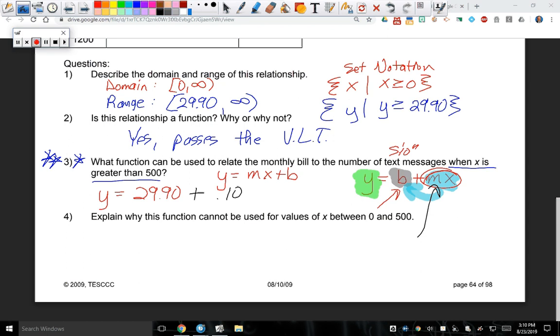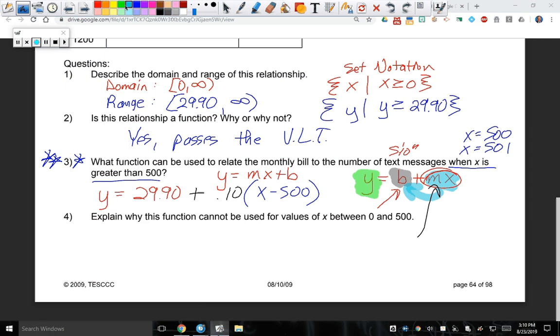So 10 cents for the jump, but now we're talking about past the 500 texts. Okay? So now what I'm about to show you, it's because of what I've underlined, when x is greater than 500, and I want you to think of two numbers, and it'll help explain why I'm doing what I'm doing. I'm going to put x minus 500 because of these two numbers, because of 500 and because of 501.